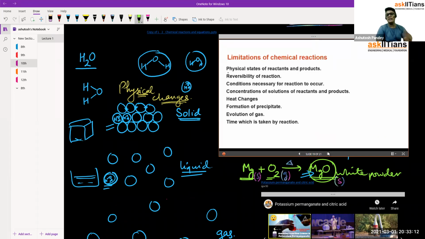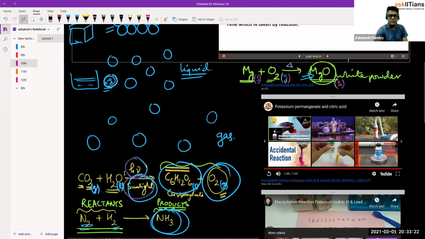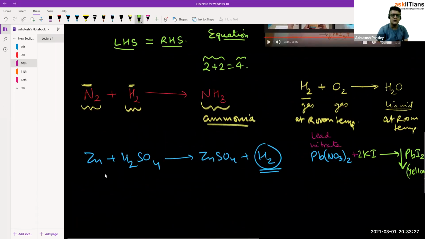Now limitations of chemical reactions. While representing the substances by symbols, we will be unable to know whether this zinc is present as solid or liquid or gaseous.